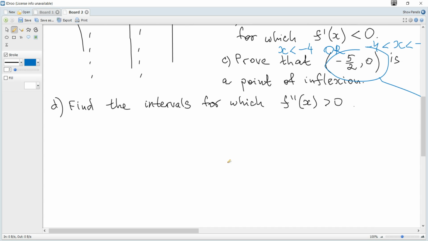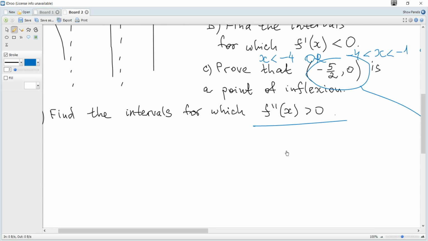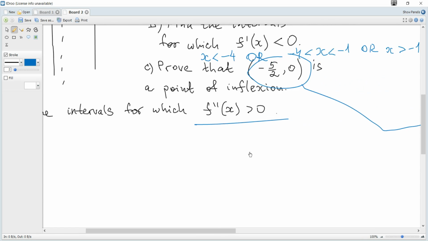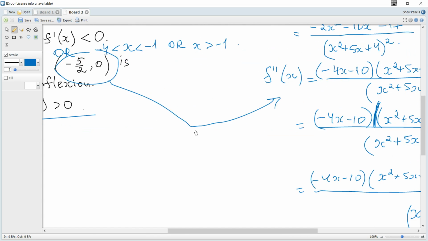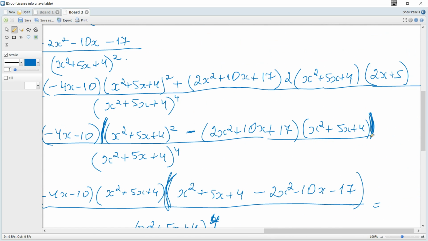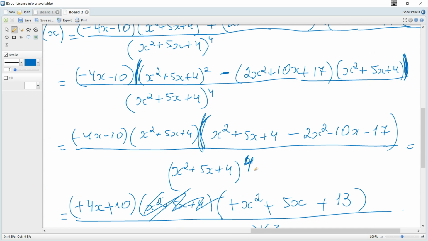Find the intervals for which the second derivative is greater than 0. And again, in general, you may consider an inequality, the second derivative to be greater than 0. And if you consider it to be to the power of 4, it doesn't influence the sign, because it's always positive. So you may consider the numerator only.